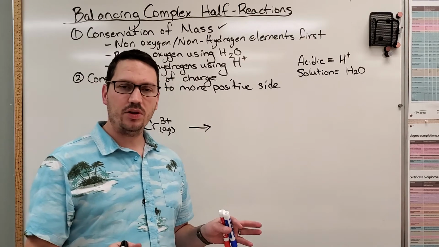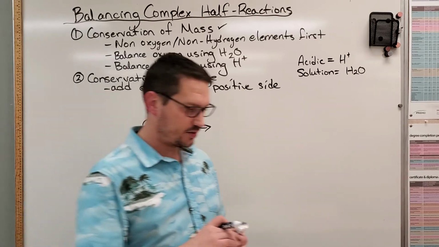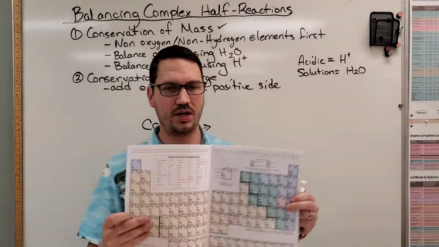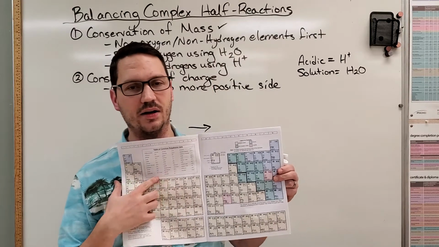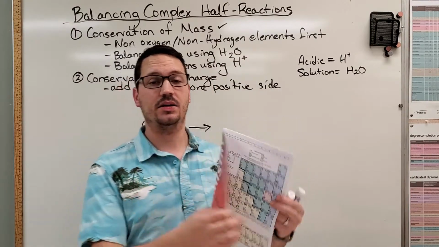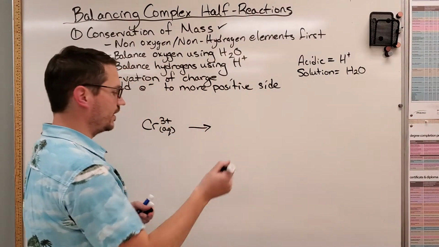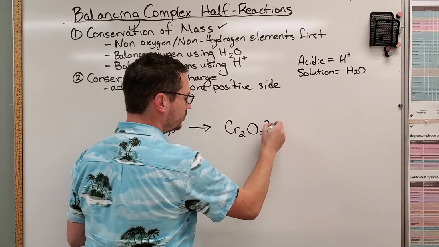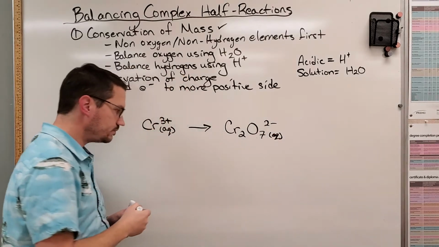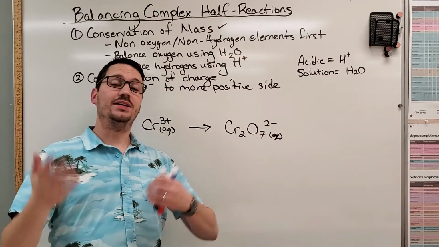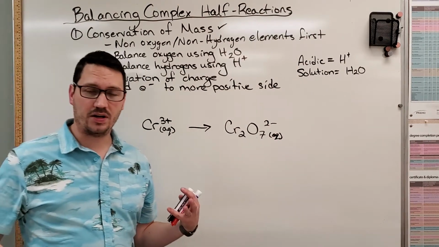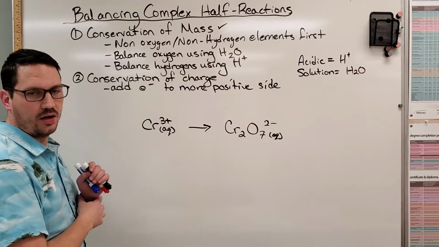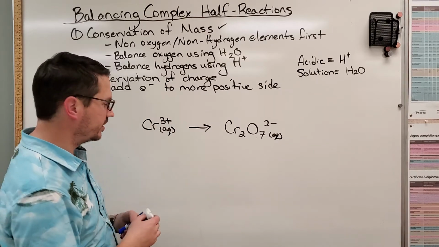If you look in the table of polyatomic ions in your data booklet, where your periodic table is, you'll see dichromate, and dichromate ions are Cr2O7 with a 2- charge. Perfect. So let's take a look at this, but let's not deal with oxidation numbers. We don't need them right now. We can just assume that this is either oxidation or reduction. We'll figure that out a little bit later.